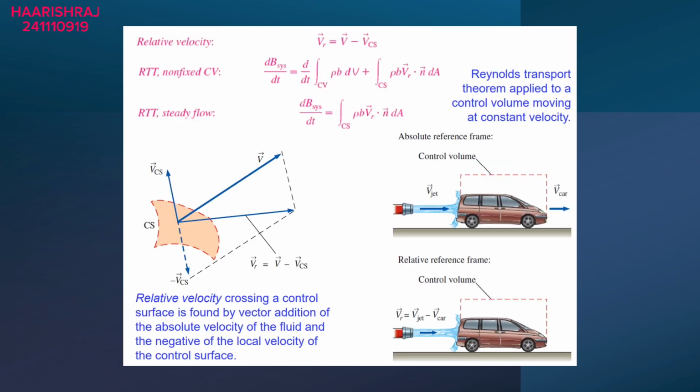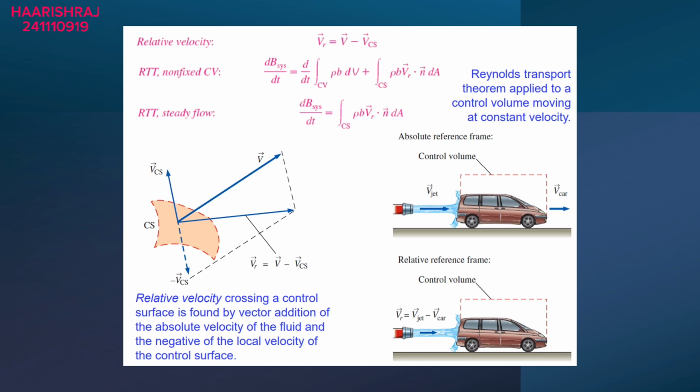Relative velocity V R equals V minus V CS. RTT, non-fixed CV: dB system over dt equals d over dt of the integral of rho b dV plus the integral of rho b V R dot n dA.